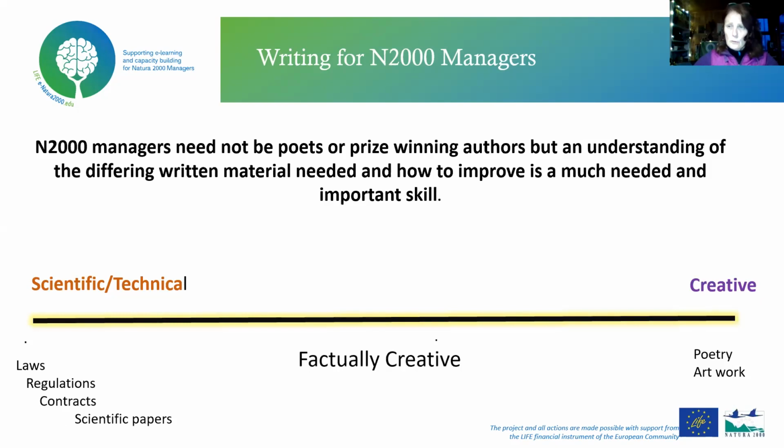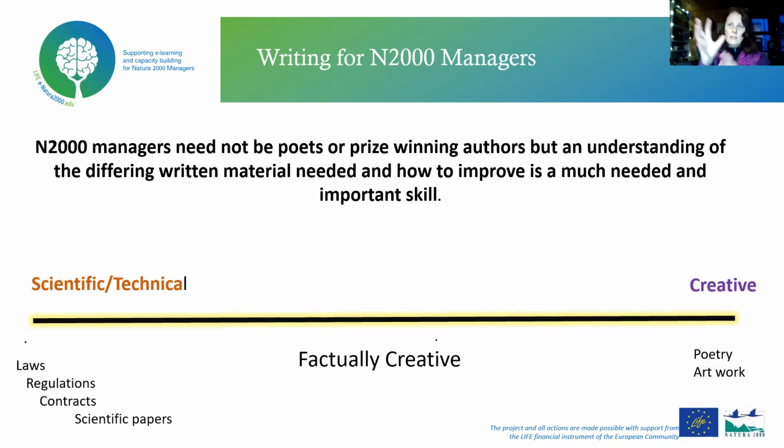But what we do as protected area managers in Natura 2000 sites is write something that's called factually creative or creative non-fiction. And actually, you'll be pleased to hear, it's quite a difficult genre of writing to master.